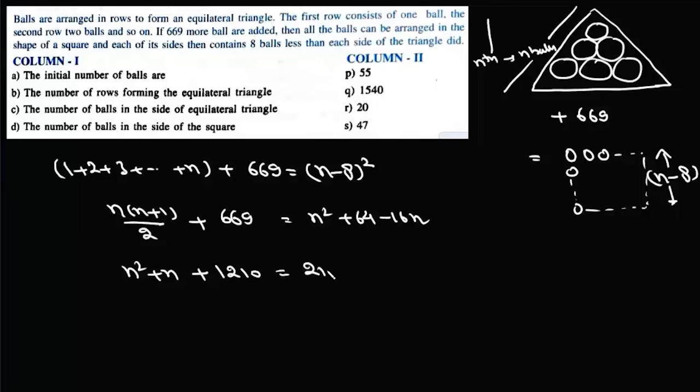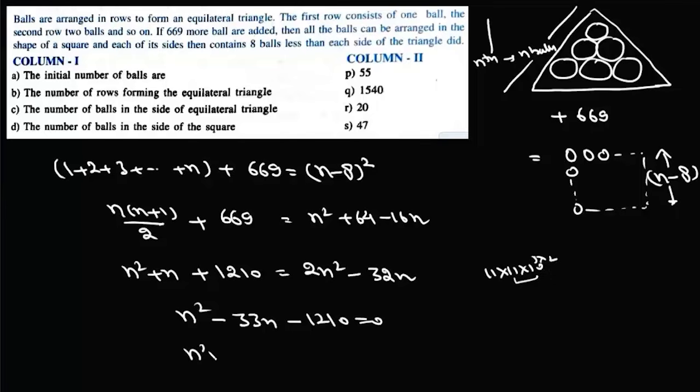And there will be 2n square minus 32n, or we can write n square minus 33n minus 1210 equals 0. Now this is 11 into 11 into 10. Now this is 5 into 2, 55 minus 22.